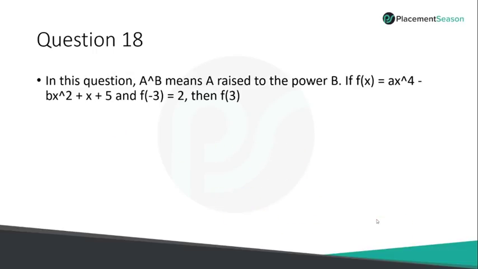Look at the 18th problem. In this question, a power b means a raised to the power b. This is a function based problem and easy algebra problem. f of x equal to ax power 4 plus bx square plus x plus 5, correct? So if f of minus 3 is equal to 2, it means instead of x you have to apply minus 3.